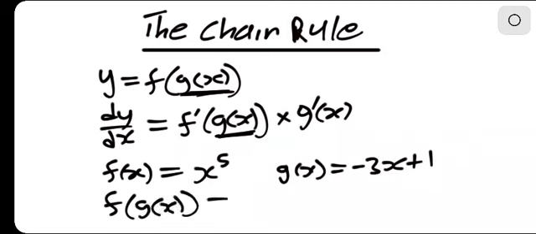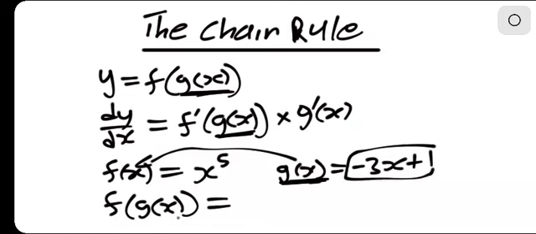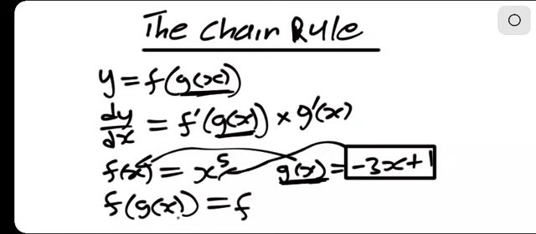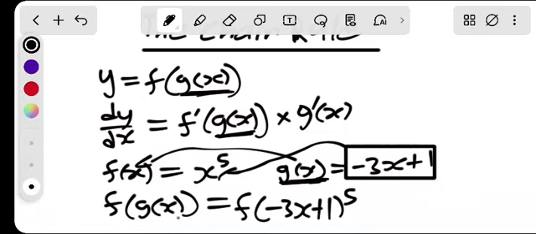What I mean is, you take the function g and put it inside the function f. That means where we see x, we replace it with g of x. So we'll have f of g of x, where I replace the x with minus 3x plus 1, raised to the power of 5. All right, guys, are we still together?